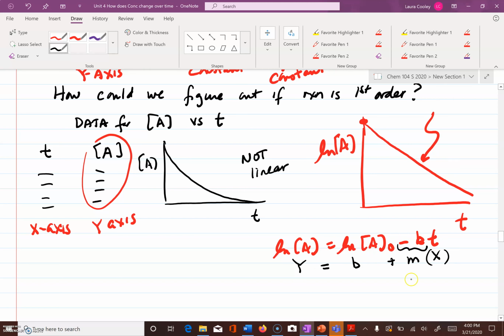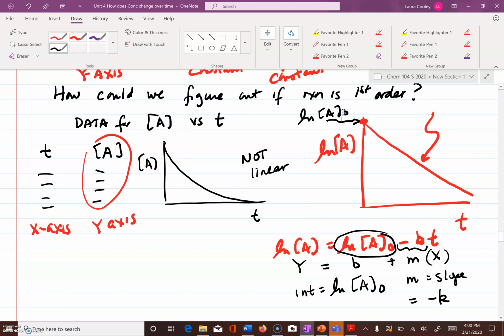So the slope is the negative of the rate constant, and the intercept is the natural log of the initial concentration. So this is actually the log of A0. That's the maximum value that the log of A will have, its initial value when A is at its maximum concentration. And then over time, this will go down in a linear fashion. And the slope is minus k.